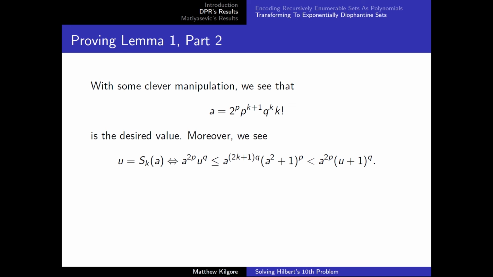Now, we see also that with this a, u equals S_k of a if and only if a to the 2p u to the q is less than or equal to 8 to the quantity 2k plus 1 times q, all times the quantity a squared plus 1 to the p, which is less than a to the 2p (u plus 1) to the q.